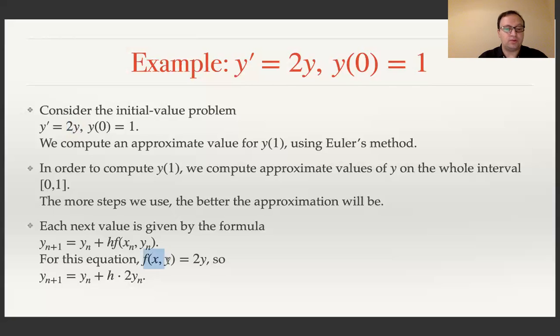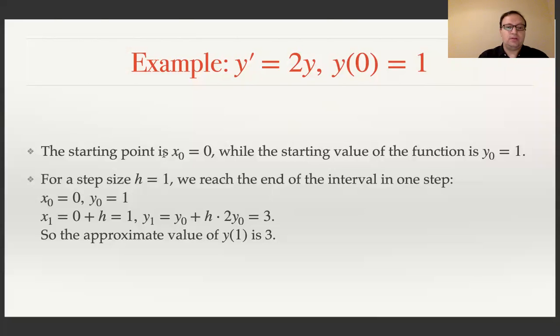So f of x and y is 2y. When we plug in xn and yn, notice that the right-hand side here actually does not depend on xn. It will only depend on yn. So instead of f of xn and yn, we should write 2yn. Okay, so the starting point is x0 equals 0, and the starting value at that point is y0 is equal to 1.